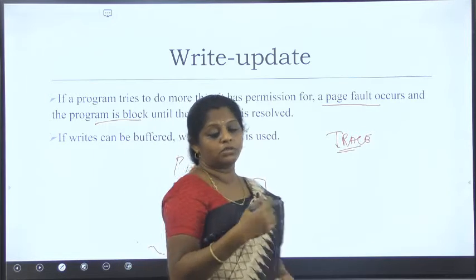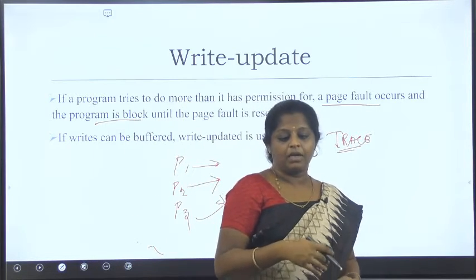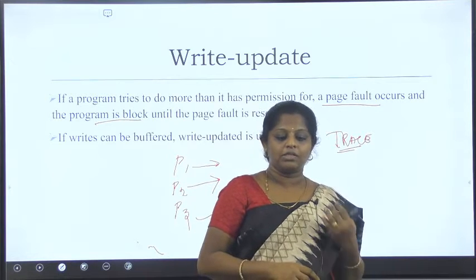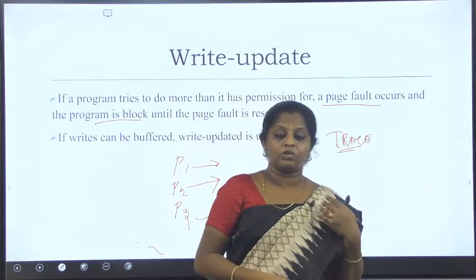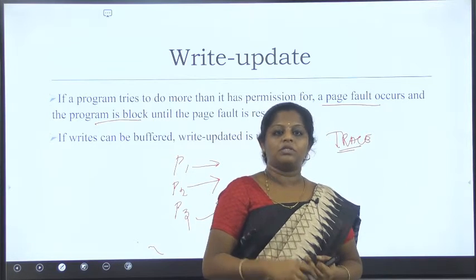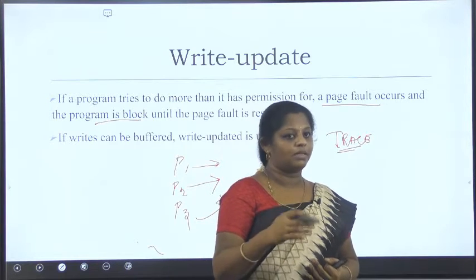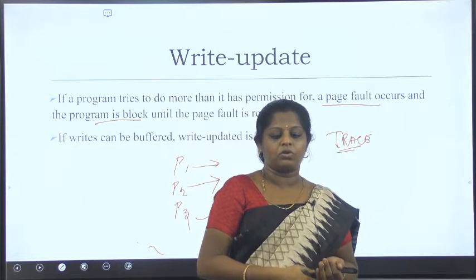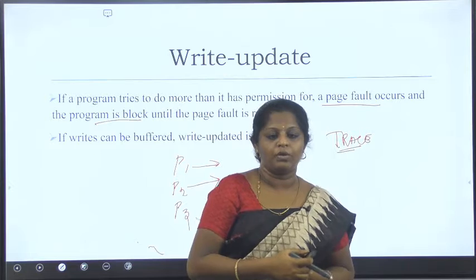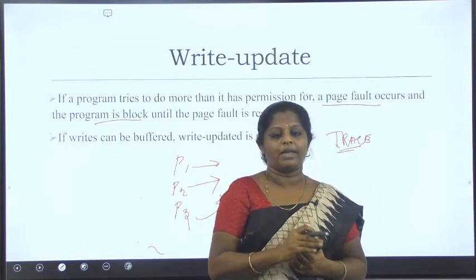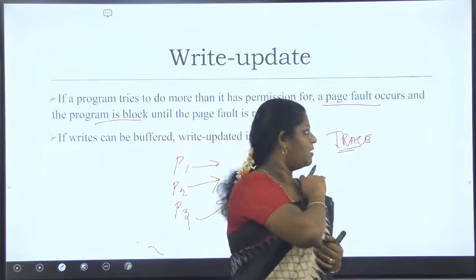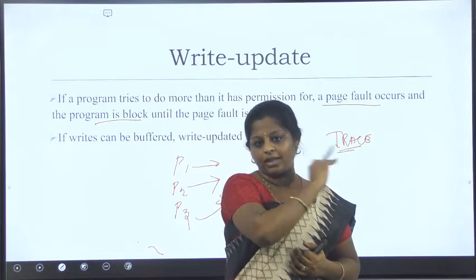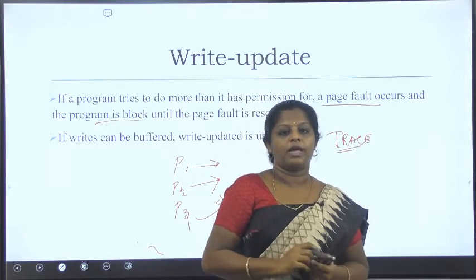The whole process is going to be repeated when the write fault is encountered. So it is clear that this method is very, very expensive. Why? Because if the page fault occurs anywhere, the whole process needs to be repeated again. So if any exception is caused during the execution of the program, we should take care of the exception handling in the page fault handler.